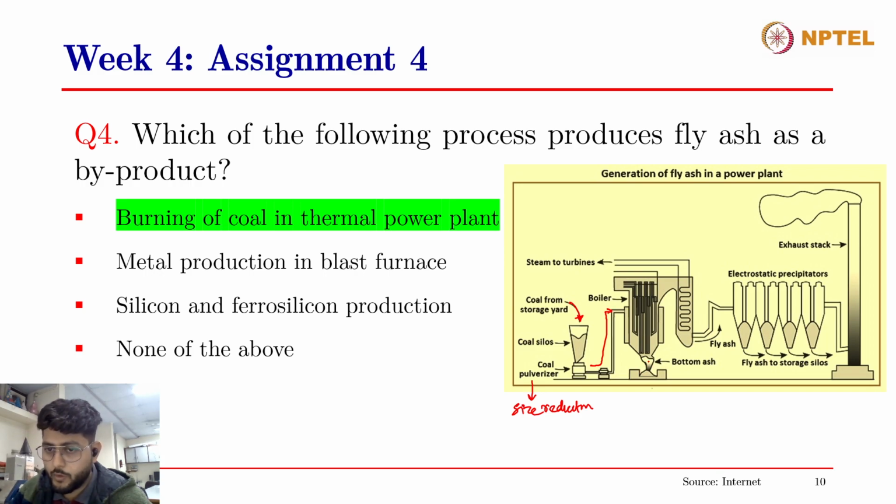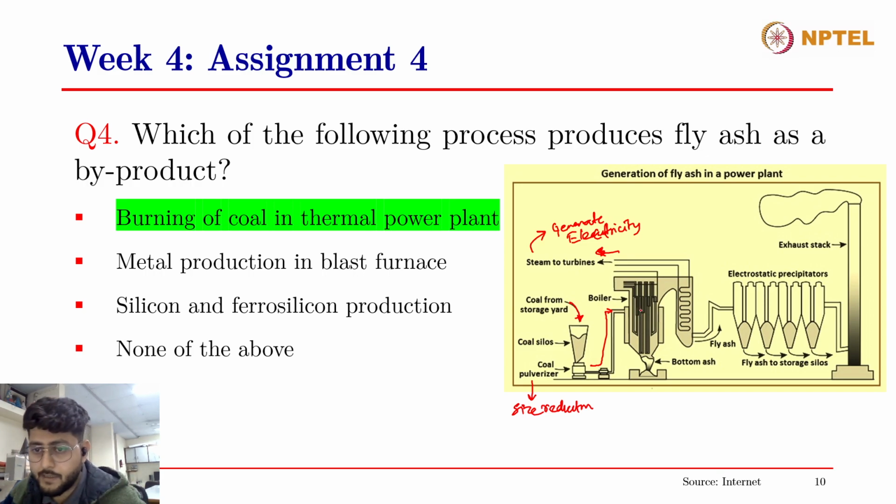So the coal is being fired inside this furnace, and in the boiler there is water coming from outside, and due to the firing of the coal, this water gets converted into steam, and this steam goes to the turbines, and in turn the turbines generate electricity through generators, and that is transmitted to the transmission lines.